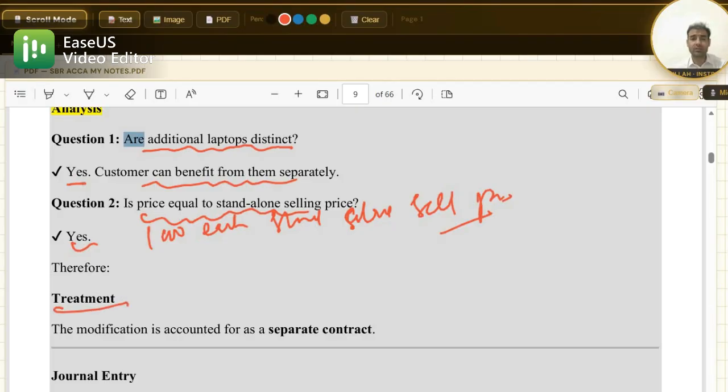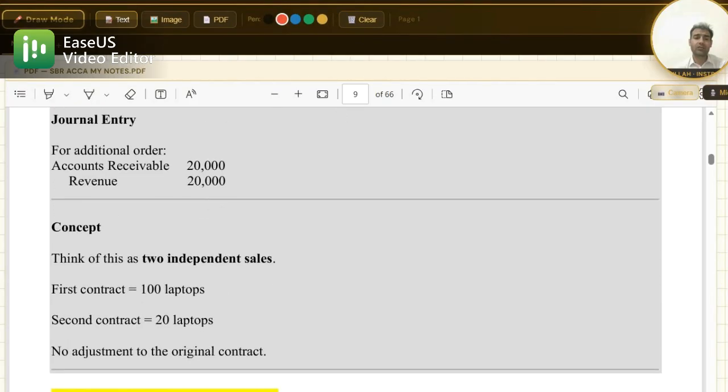Therefore this sort of modification is accounted for as a separate contract. In this case, how will you do your journal entry? Debit account receivable with this amount, and credit revenue with this amount. Conceptually, think of this as two independent sales.